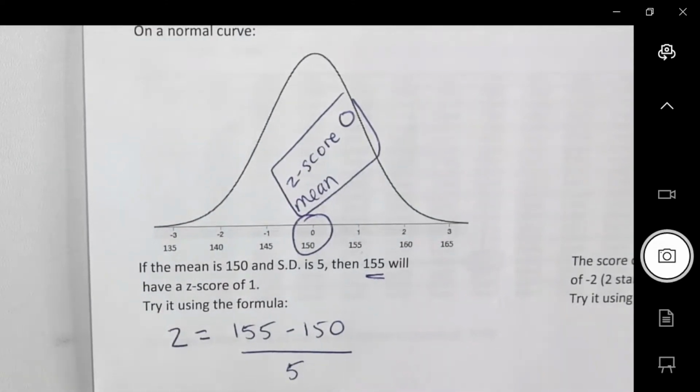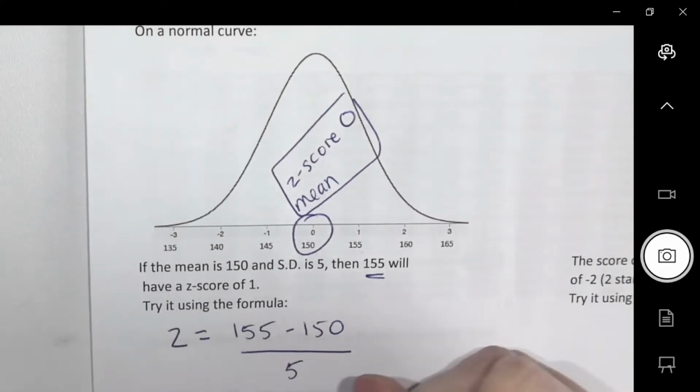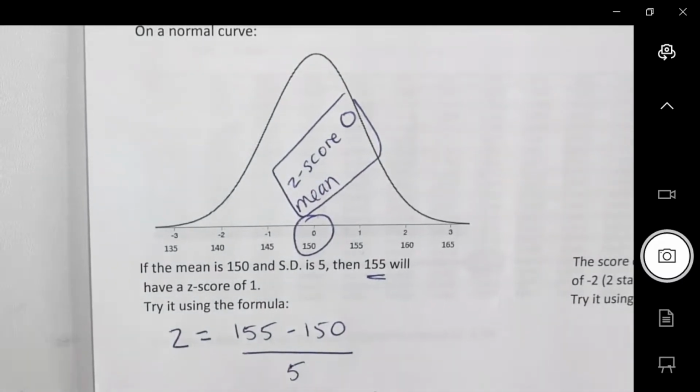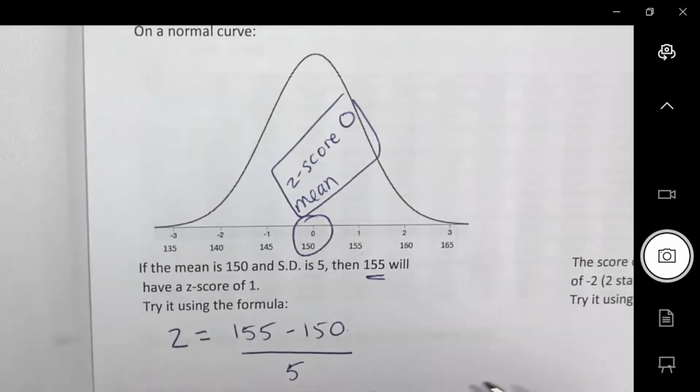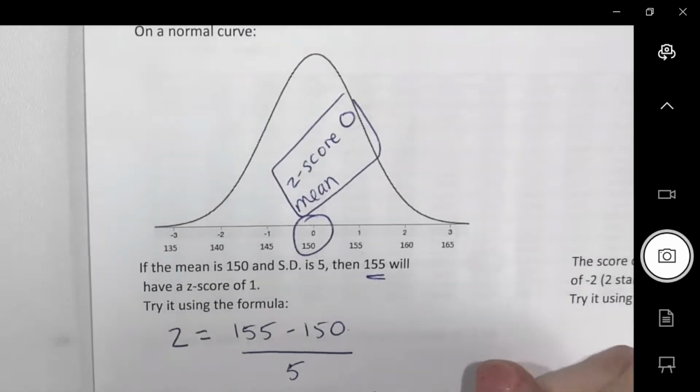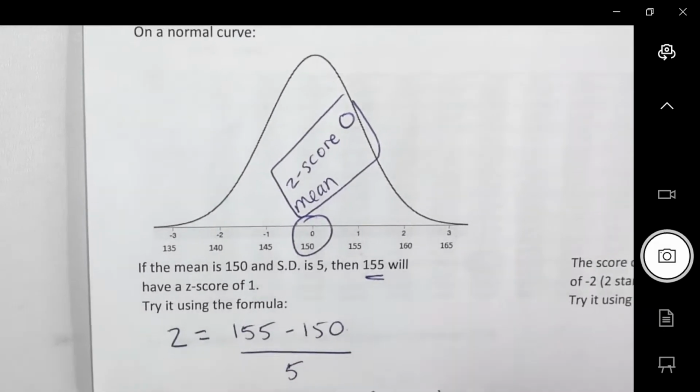When you're typing this in your calculator, it's important to do brackets, divide by 5, okay, or pushing equals before you divide by 5, whichever method you like. Okay, and we get 1.